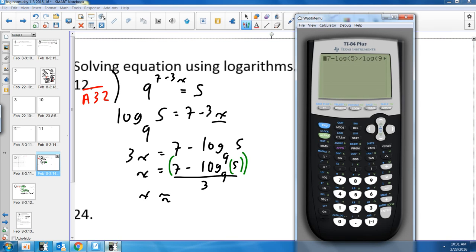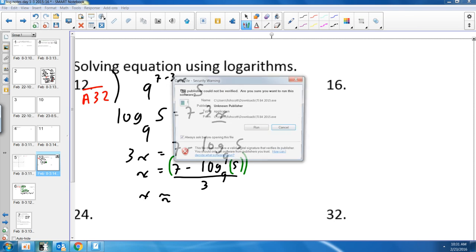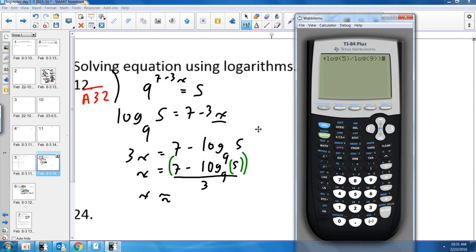So on here, you're going to see that you have that numerator finished out, and then you're going to divide it by, we have a malfunction on here. Well, that's okay. We'll start over.